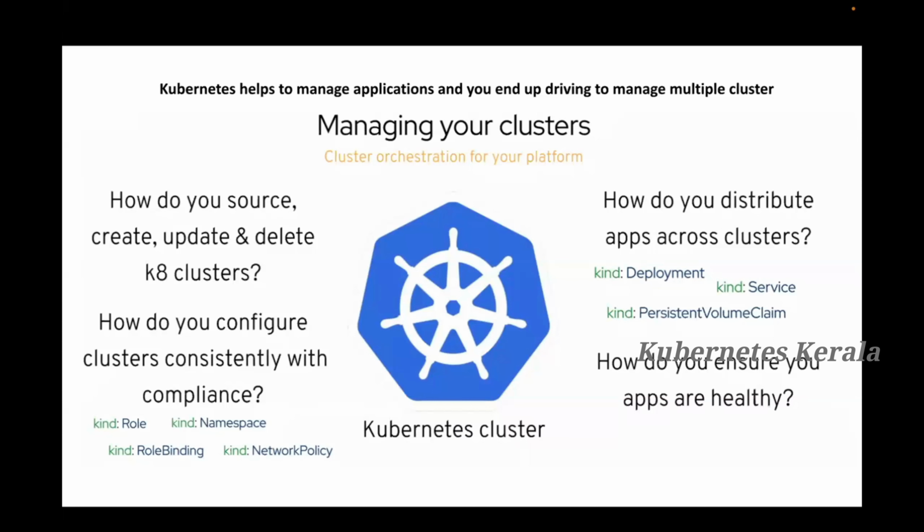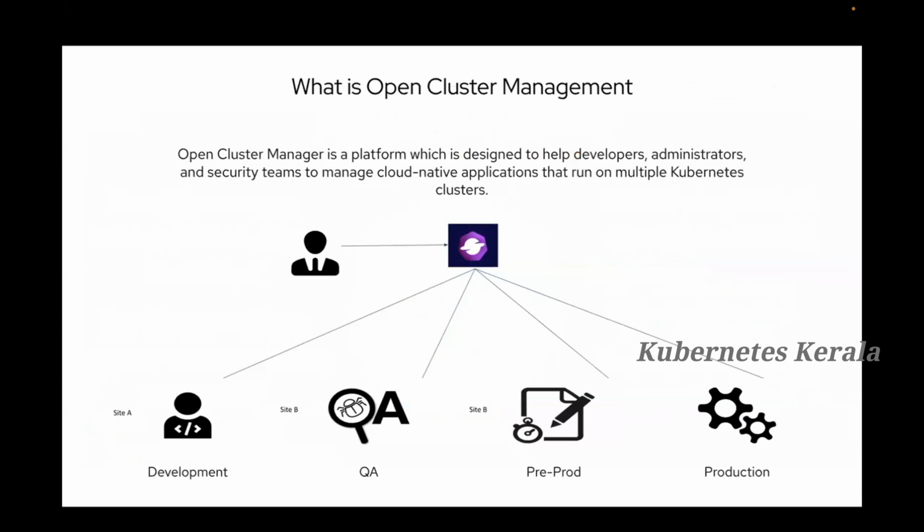So how to overcome this has been a big ask in the community, and the community has come up with something called open cluster management, which is a single pane of glass that provides you a particular window where you can source tens, hundreds, or thousands of clusters and manage them from a single window, as well as create and deploy applications using the placement policies, and also delete clusters or delete applications.